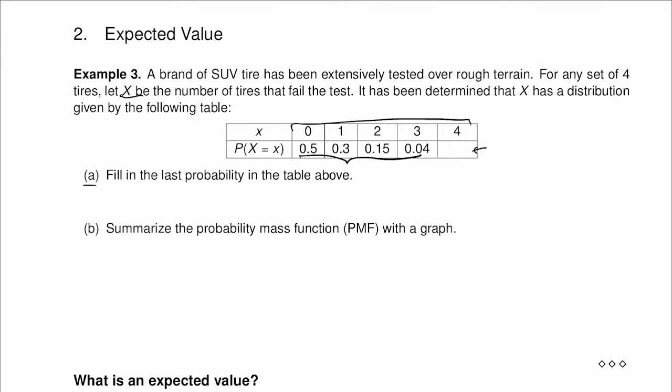And if we sum those values, we can see that the sum is 0.99. Okay, so we are missing, remember that the sum of all should be 1. So this value that we are missing should be 0.01.